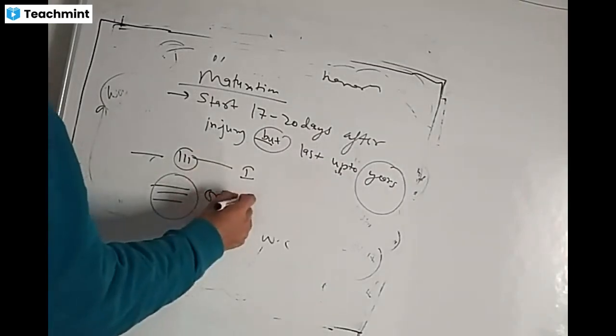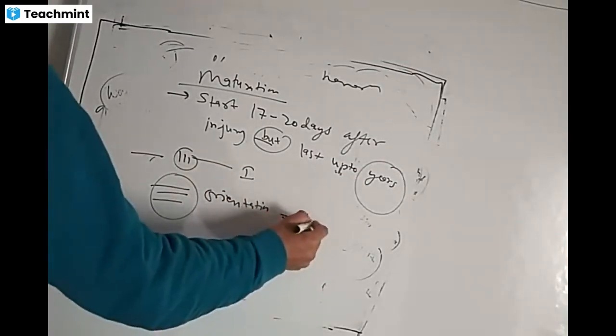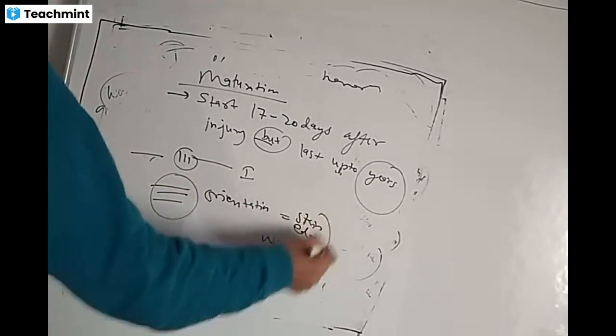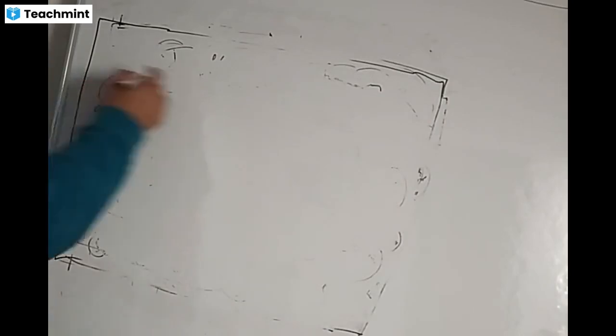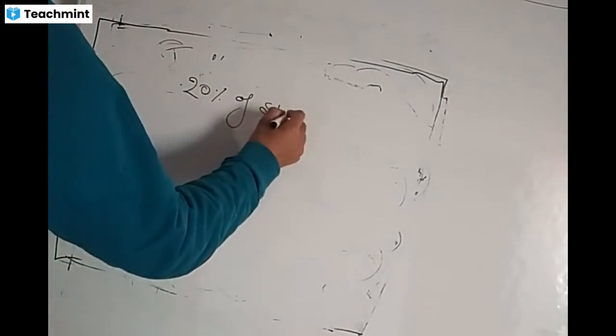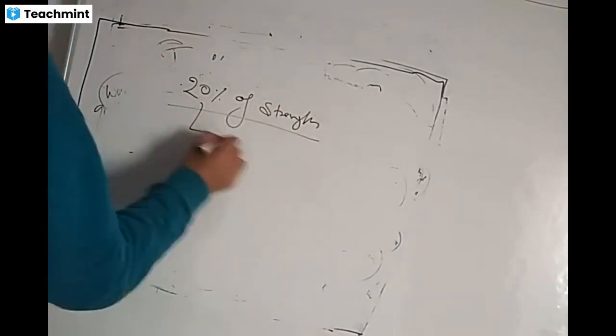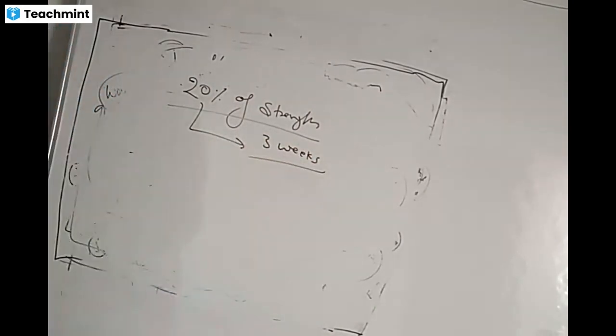Orientation of fiber becomes parallel to the skin or wound edges, parallel, cross-linking. So after this remodeling, the wound will get 20% of the natural strength which was lost in 3 weeks.